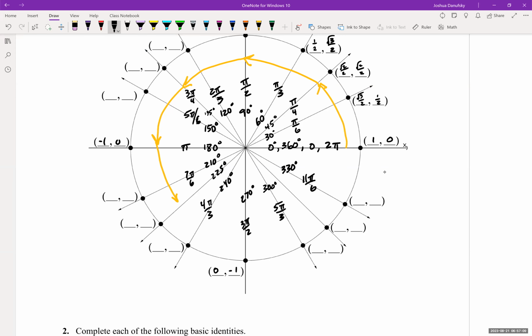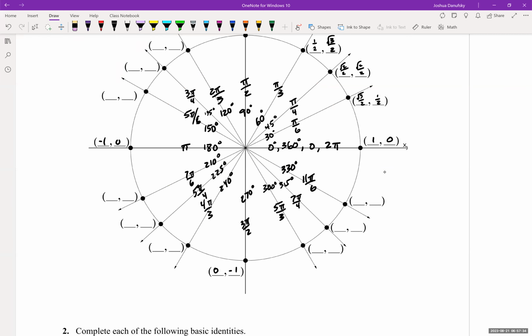And that will be 5 pi over 4. Hopefully that's not too sloppy. I'll show you a prettier one in a little bit. And then we have our 6 pi over 4, and then over here we have 7 pi over 4, which is 315. 7 pi over 4.